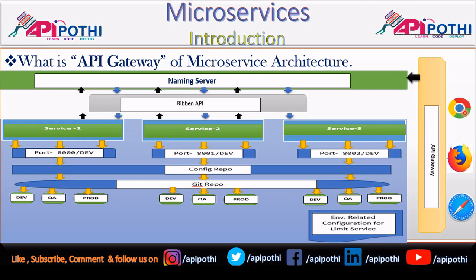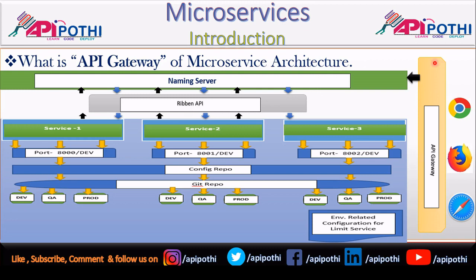Any request coming from this browser, this browser or this browser has to come through the API gateway, and from the API gateway the request goes to the naming server. The naming server has to decide which microservice gets called for this request, and if there is any load balancing, that is taken care of by the Ribbon API.